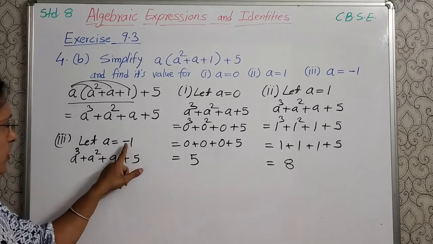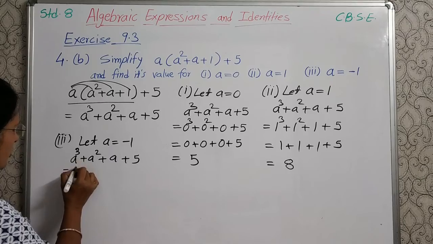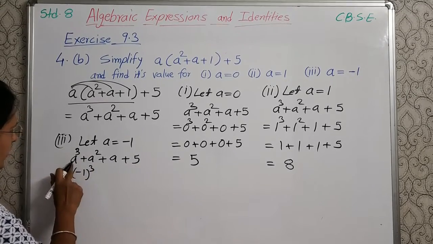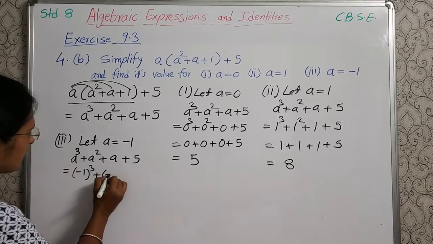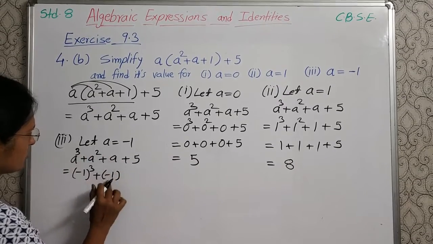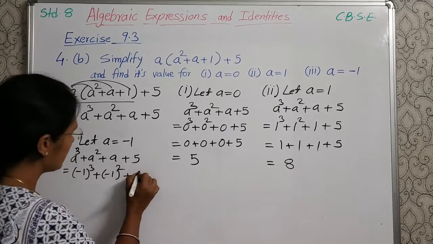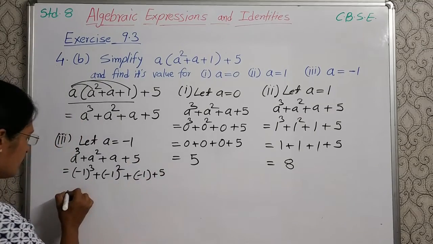Now substitute minus 1 for this a. So here for a we will write minus 1 and cube of that. So minus 1 cube plus here for a again minus 1 and a square. So here minus 1 square. Next for this a again write minus 1 and then plus 5 as it is.